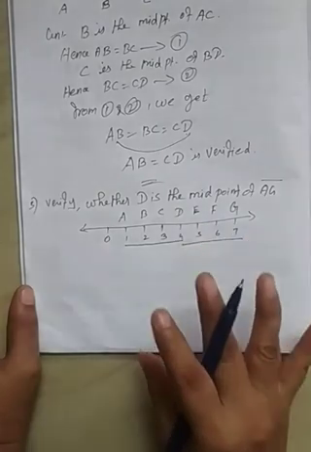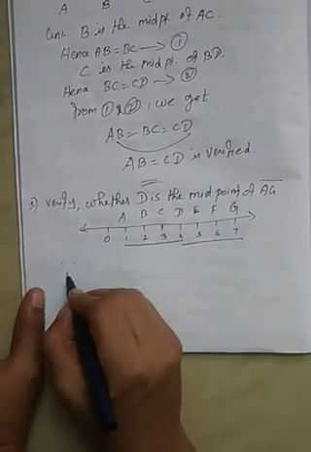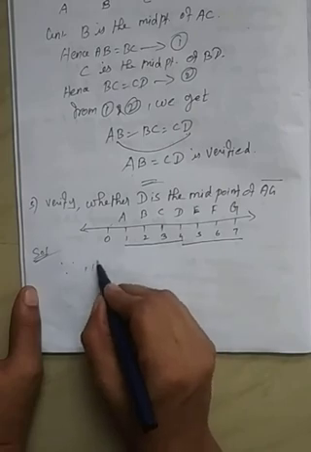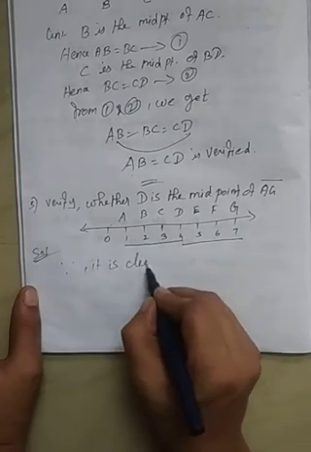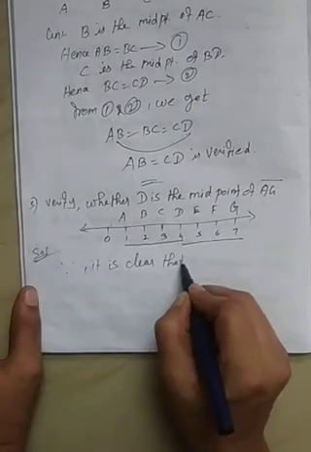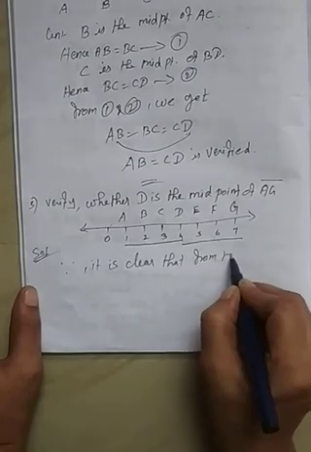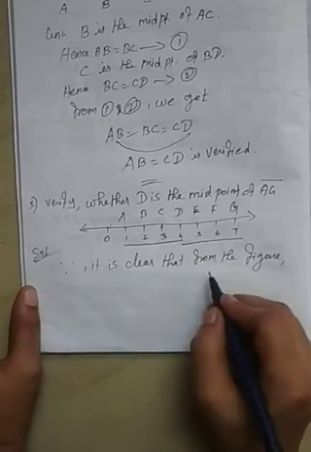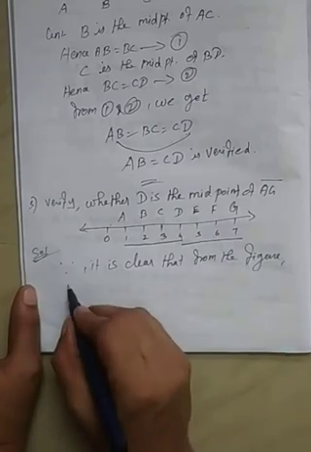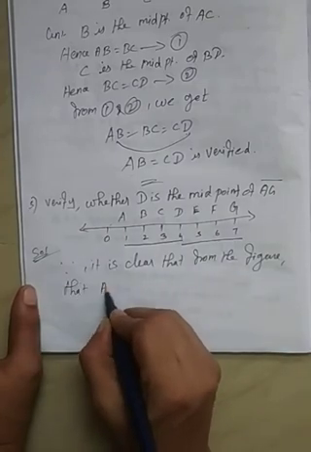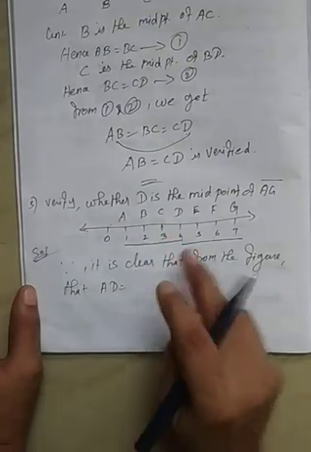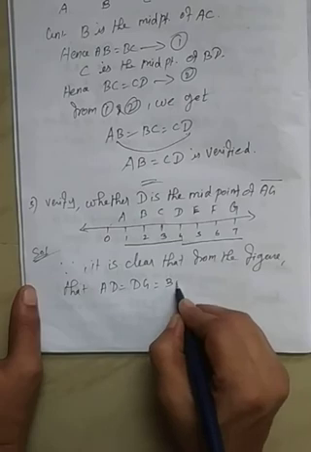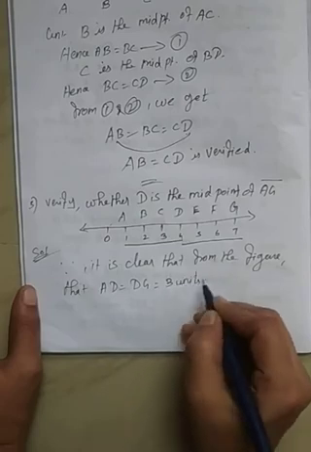So, since it is clear from the figure that AD equal to DG, both are 3 units.